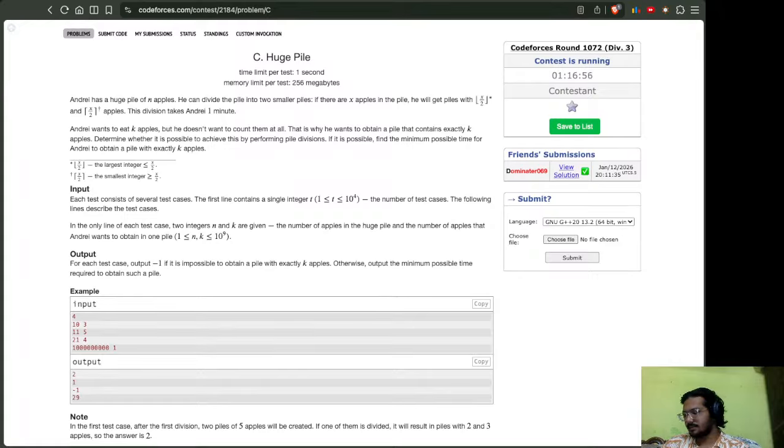If the pile's next division, like 5.5, its floor or ceil is equal to or greater than what we want, then we move with that pile, or else we discard it.